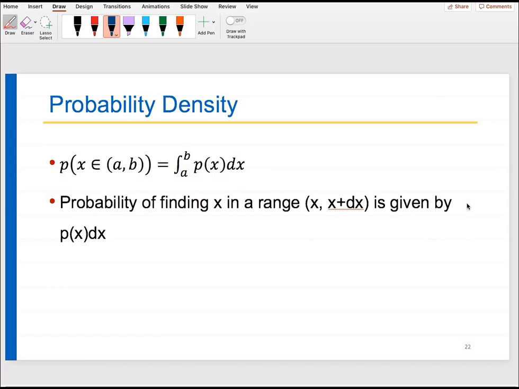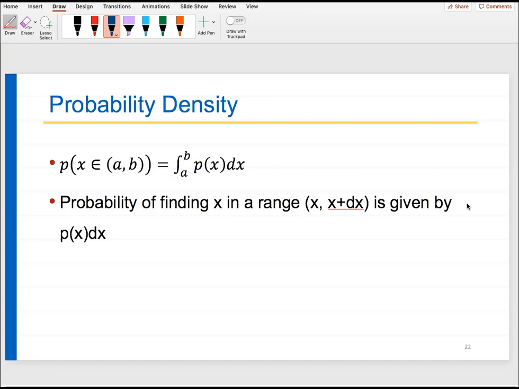Let us say I construct a histogram with very small bin width. Very small bin width means delta x, where delta x tends to 0, right? So what will I get? I will get a continuous kind of distribution, right? From there, I cannot use a sum, so I will use integration. Let us say I want to find the probability that x lies between a to b, like 2.25 to 2.75. They are a and b in the general case.